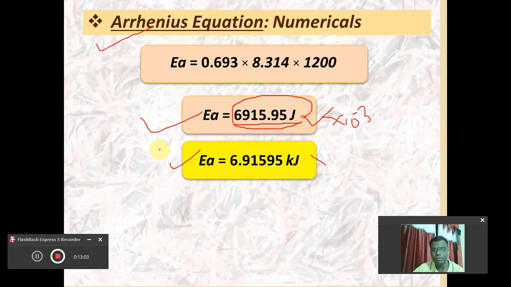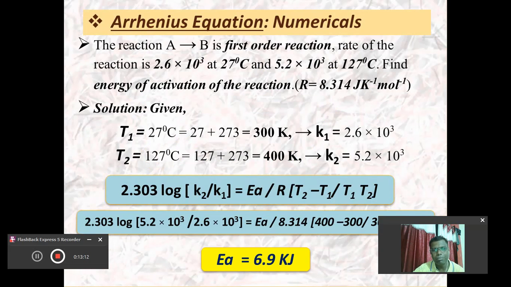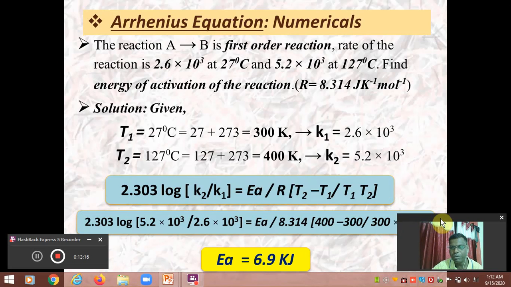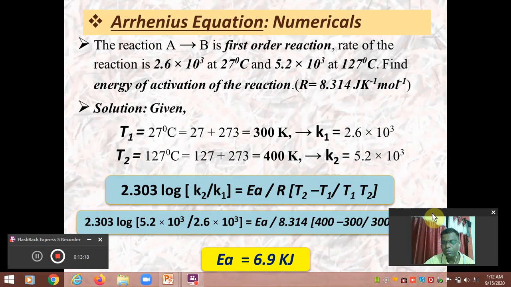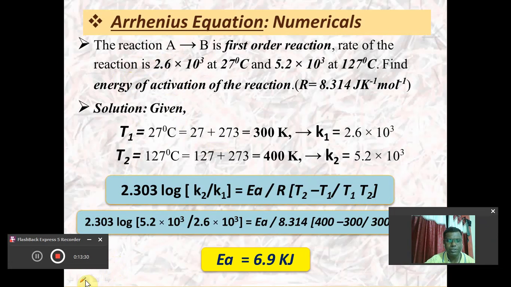And I hope this is one of the important solutions on the basis of the Arrhenius equation. Dear friends, if we discuss another numerical based upon the same equation, it will be very easy to understand how we can solve it. Definitely this numerical is also of the same type. Again the same first order reaction is given here.